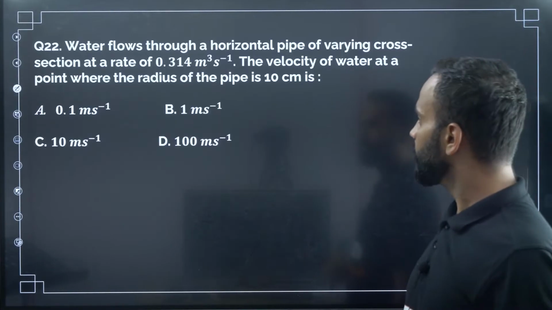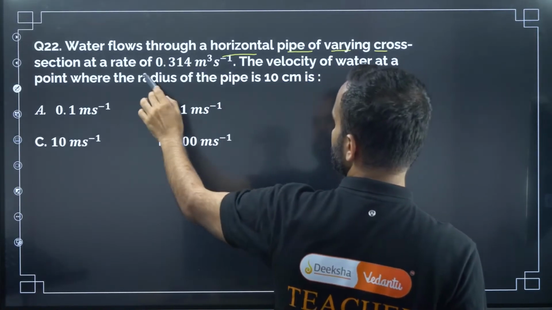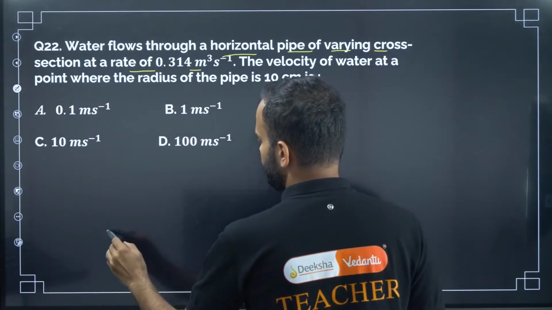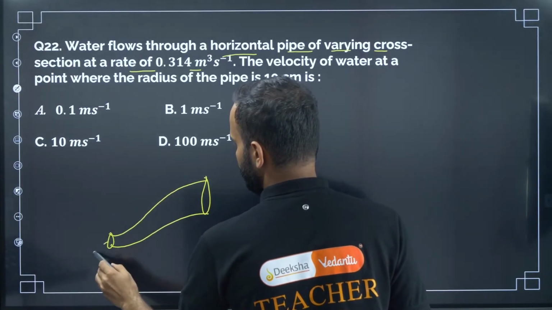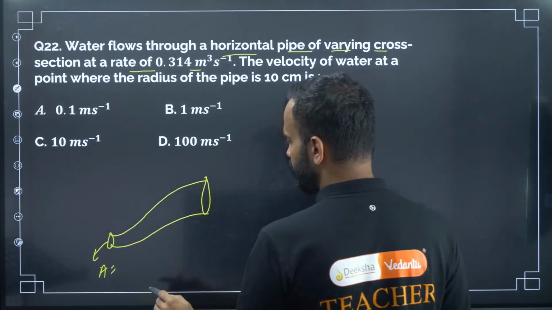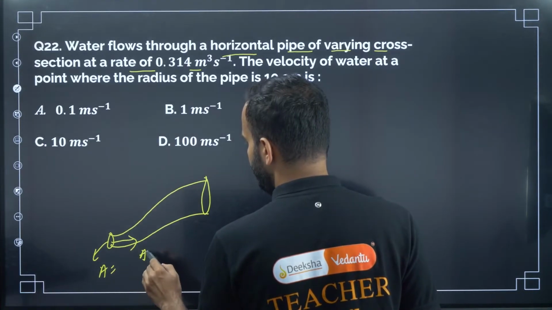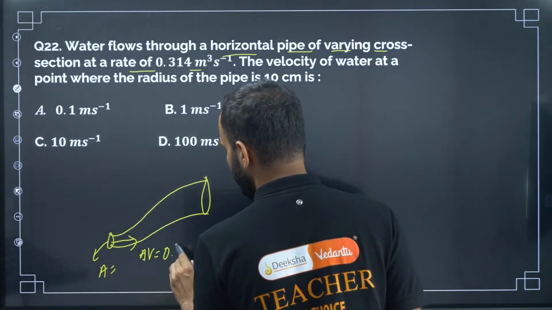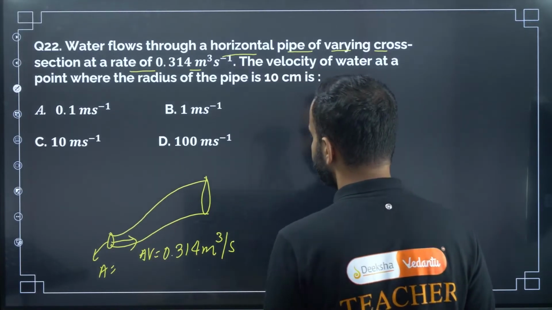Question number 22. Water flows through a horizontal pipe of varying cross section at a rate of 0.314 meter cube per second. So here, this is the first horizontal cross section, with area A. The rate at which water flows is A into V, where V is the velocity of the flow of water, which is equal to 0.314 meter cube per second.